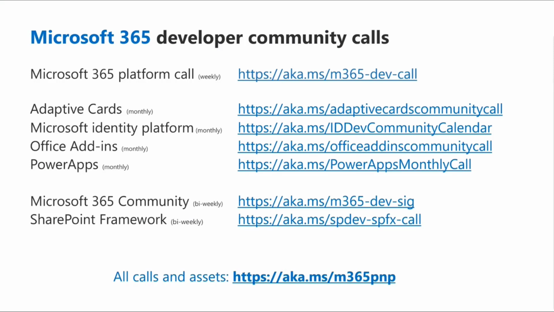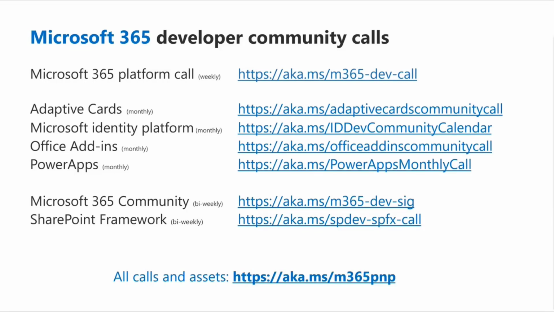Microsoft 365 developer community has multiple calls available. We're looking into more and more consolidating on this Tuesday call to make it consistent for everybody on what's happening where. For now, we have this Tuesday call, and on top of this, we have specific monthly calls on adaptive cards, Microsoft Identity Platform, Office Settings, and Power Apps. The Power Apps call, as an example, is a week from now, and Charles has already posted the agenda on the Power Apps blog platform, so you can go and check out what's going to happen.